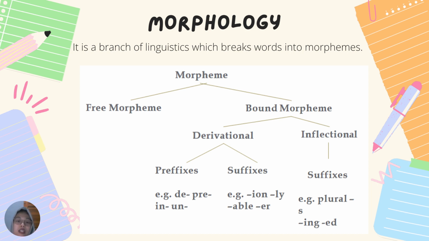But inflectional is only suffixes, and this usually happens in verbs and plurals, such as animals, cooked and cooking, gathered and gathering. So it doesn't change the meaning.